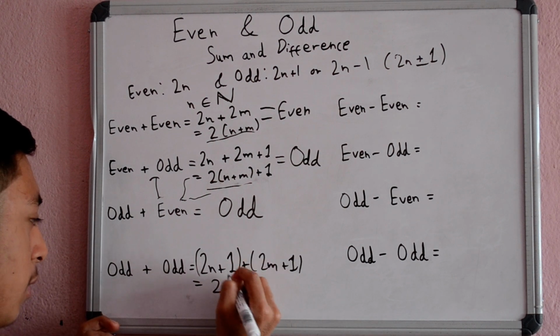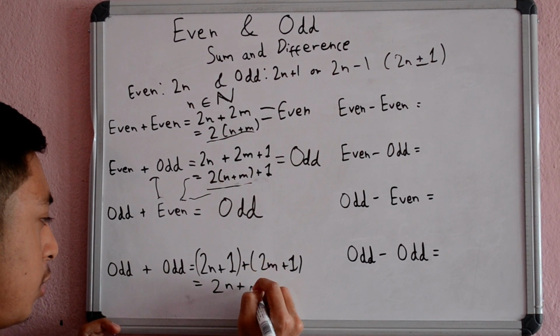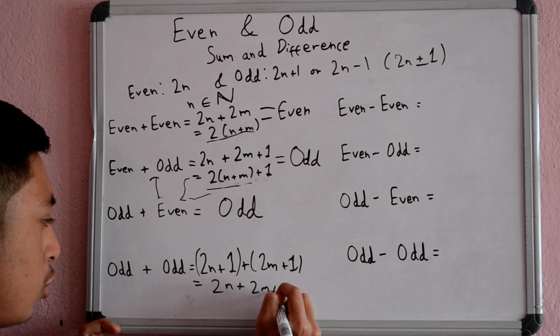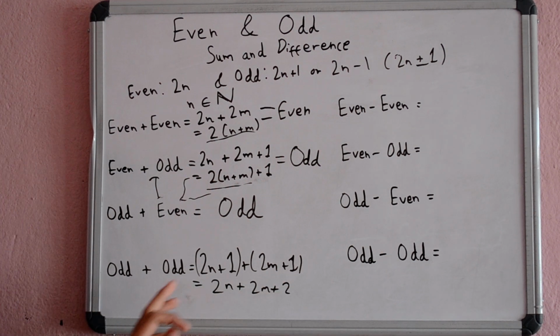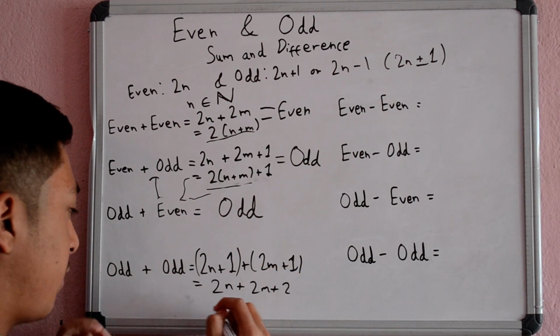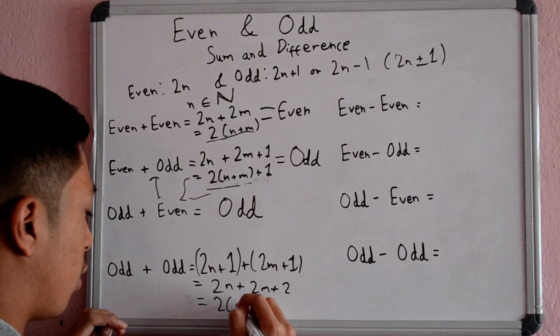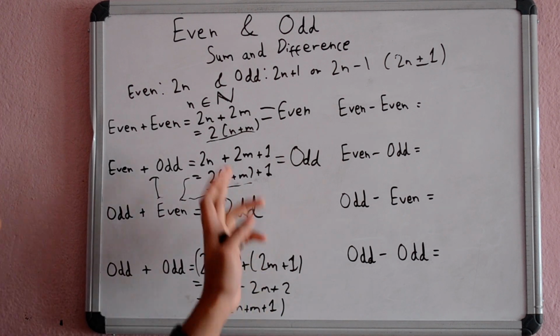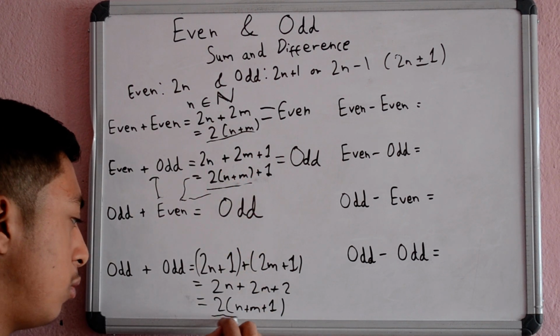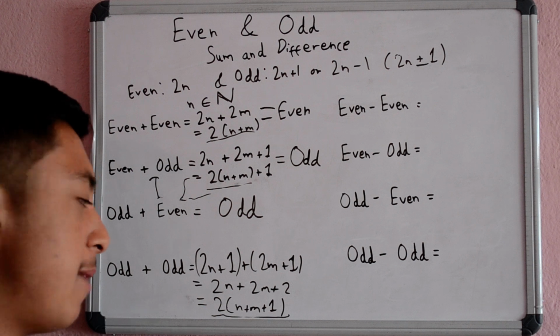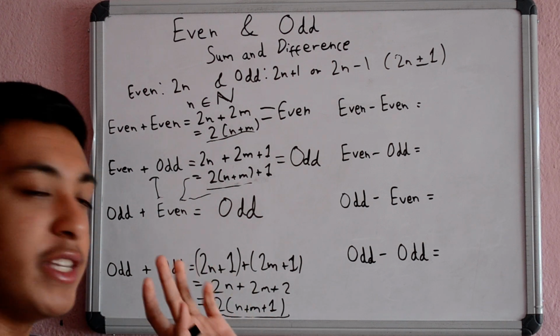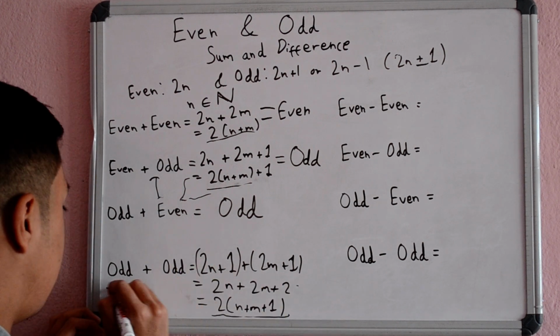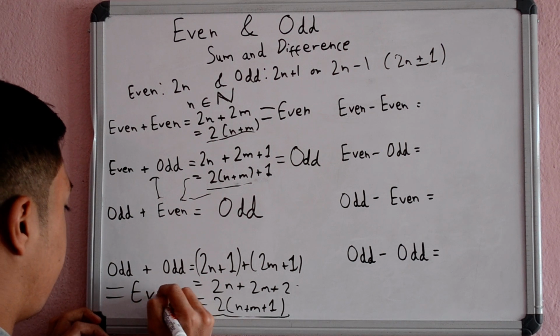So 2n plus 2m plus 2, right? 1 plus 1 is 2. That means we can take 2 common: 2 times n plus m plus 1, and like the other cases we have 2 times some number. That means this is just an even number. So in fact odd plus odd is even.